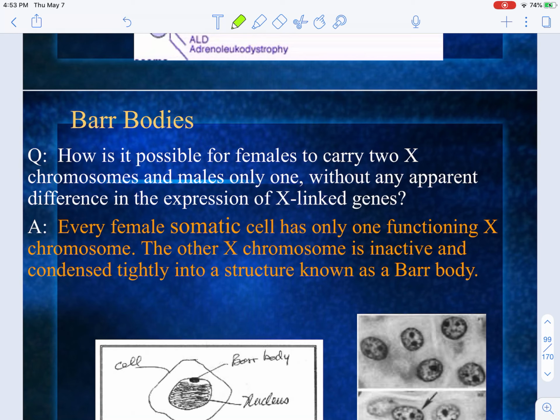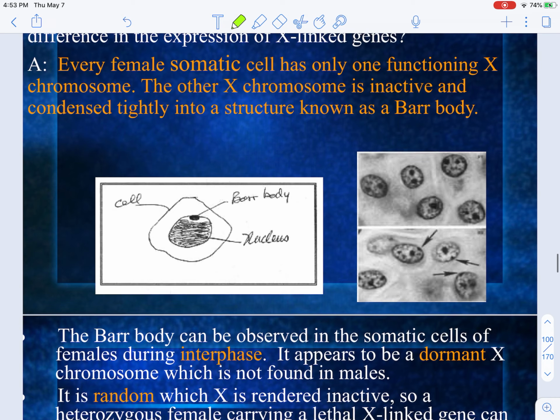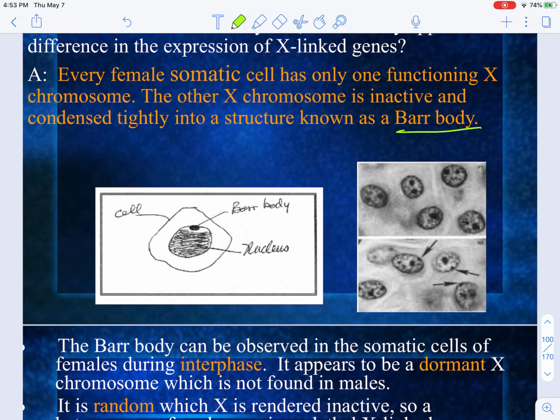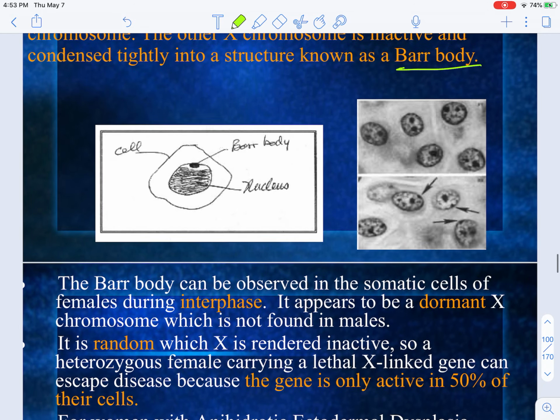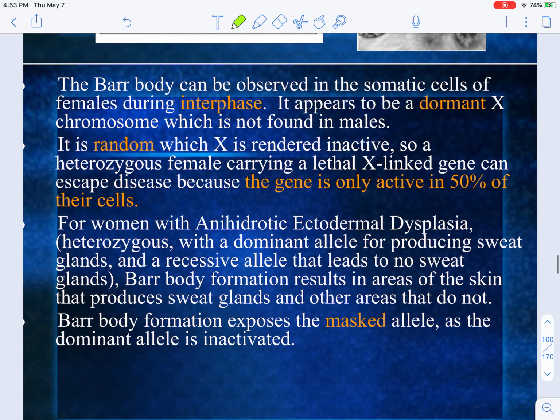For some reason, and this is just for the number 23 pair, the sex chromosomes, sometimes only one is active and the other one balls up and becomes inactive, and it's called a bar body. This is not a major outcome in your curriculum, but it's kind of interesting to see what can happen because of that dormant X. And it says it's kind of random in the body which X is dormant.